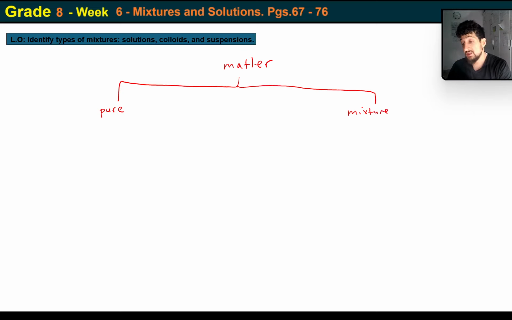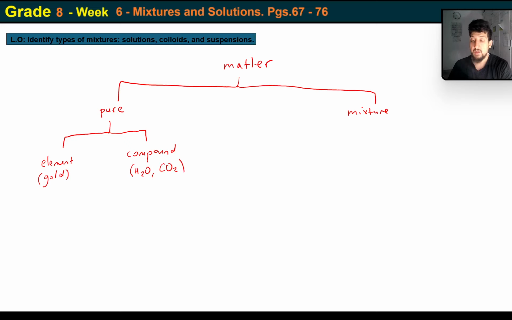If it's a pure substance, it can either be an element, like gold, for example, or it can be a compound, like water or carbon dioxide. They're both pure substances, but they are compounds.